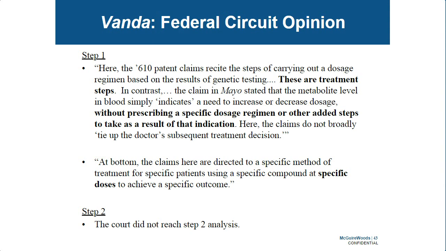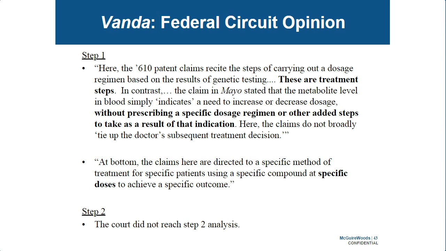But after the Vanda case, other courts have ruled that if you have a method of treatment claim, even without doses, those claims will be sufficient, and those kinds of claims will be eligible for patent protection. And because the Vanda court already said on step 1 that the invention was eligible for patent protection, the court never went to step 2.